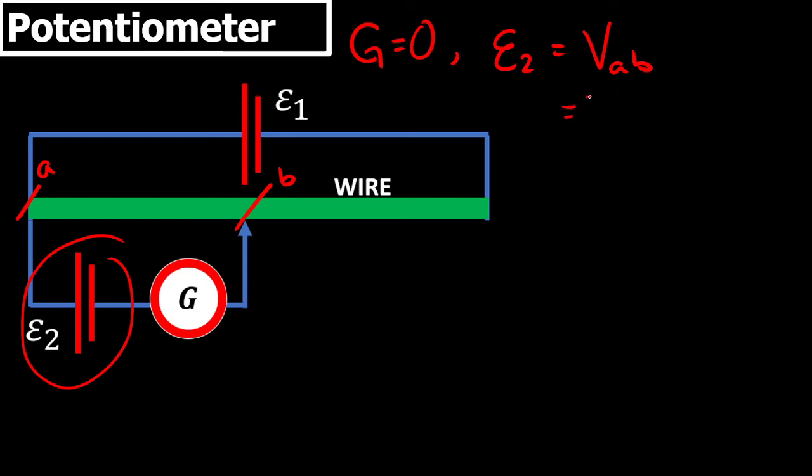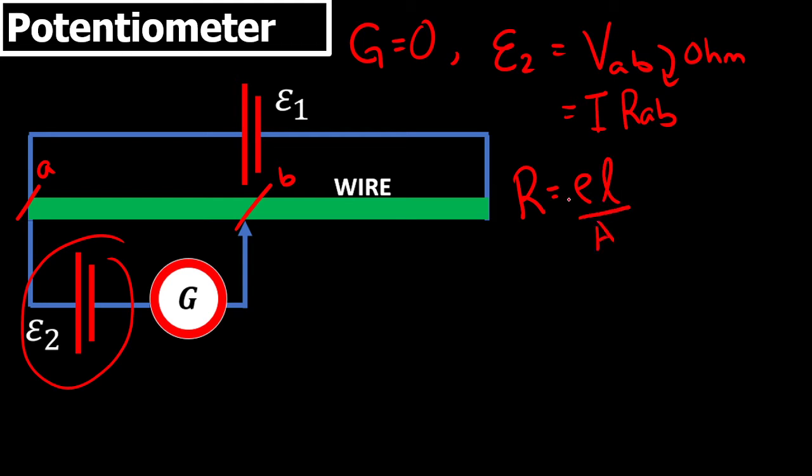So here, if we use Ohm's law, we have I R_AB. This is just Ohm's law. Now we have another equation that we have just learned, which is resistivity. Resistance is equal to resistivity times length over the cross-sectional area. We're going to assume the whole wire is made out of the same material and has the same cross-sectional area, so I can treat those as constants.